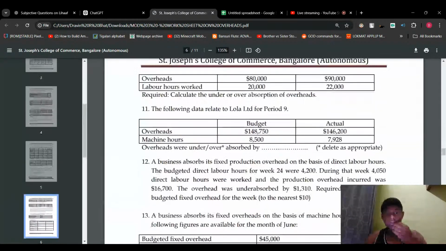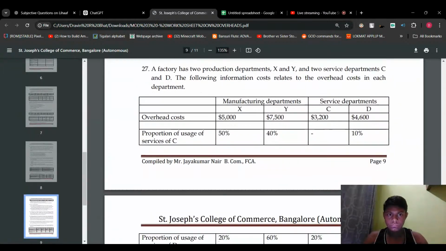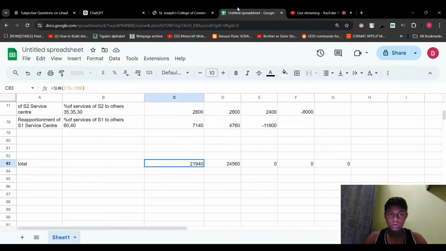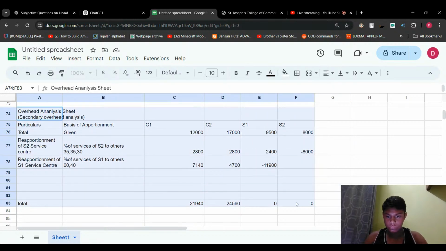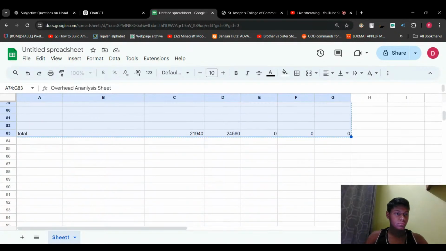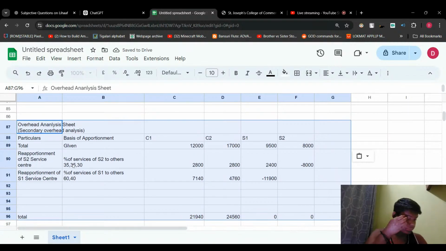Question 27. It's a nice question. Student analysis sheet, particulars, basis of apportionment.